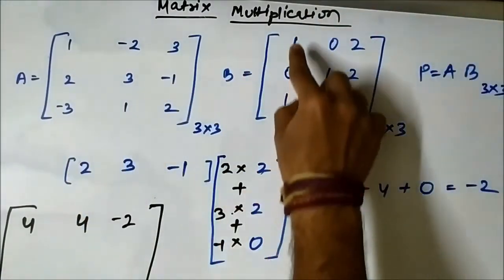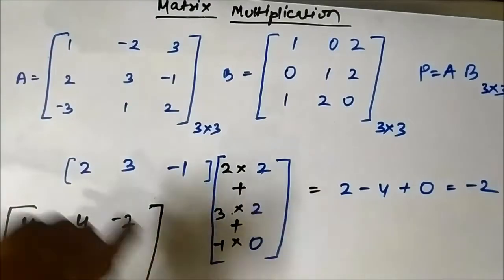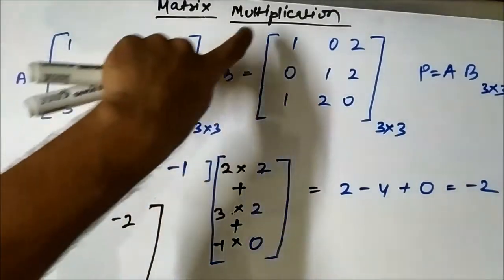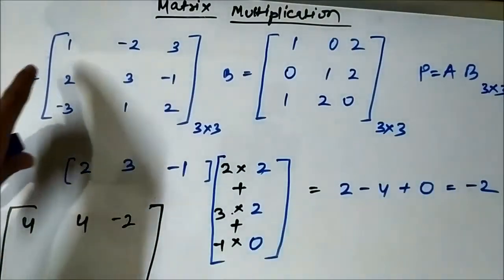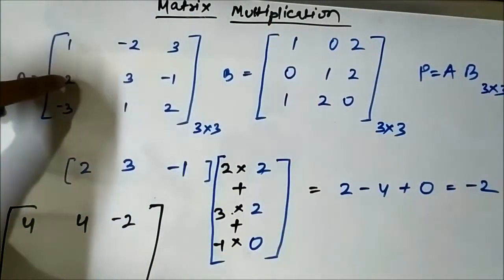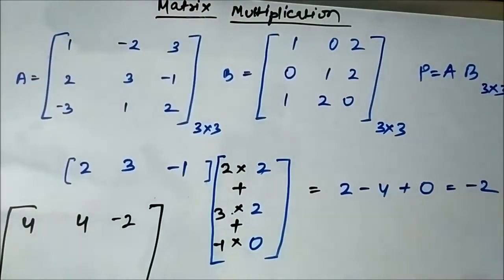The same operation will be repeated with the second row as we did with the first row. So first it will be 2, 3, minus 1 with 1, 0, 1.